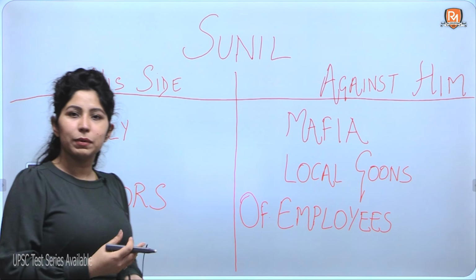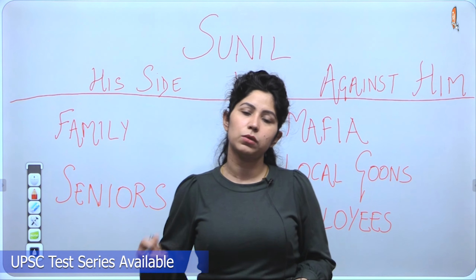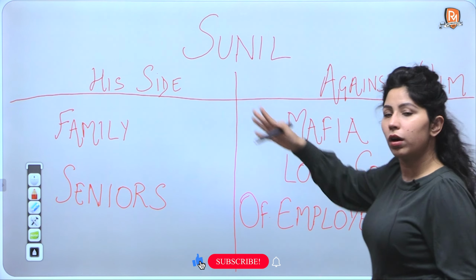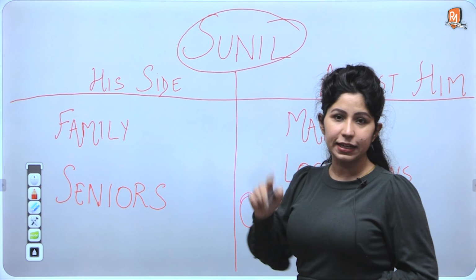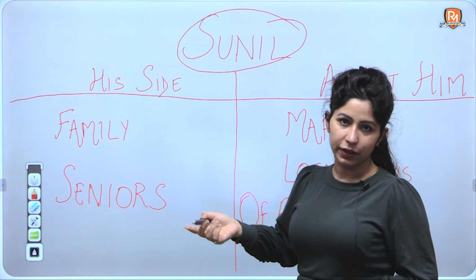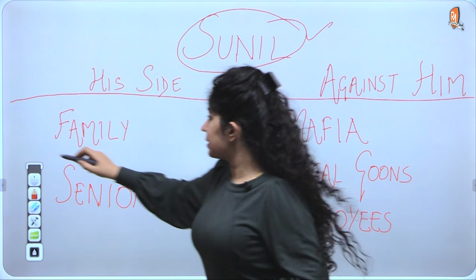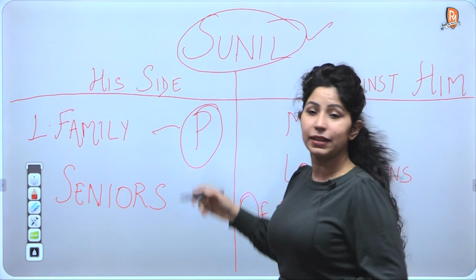So here we have a table which differentiates the people who are on Sunil's side and the people who are against him. On Sunil's side, first thing has to be he himself. So he needs to be protected because he is getting a lot of threats, so he can increase his protection. The first here is his own family, so they also need to be protected so that they feel safe.